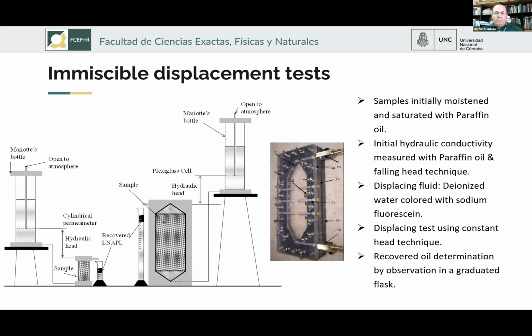The tests were performed using the constant head technique, and all tests were performed with a hydraulic gradient equal to 1. The fluid at the outlet of the cells was recovered in a graduated flask, and the volume of each recovered phase was determined.